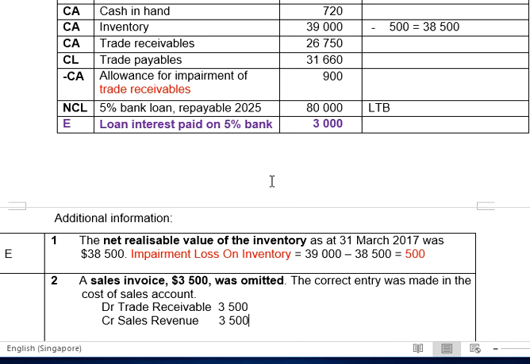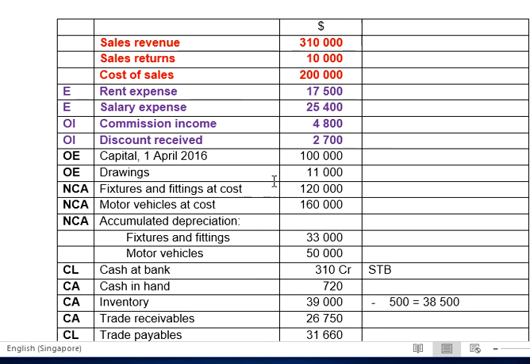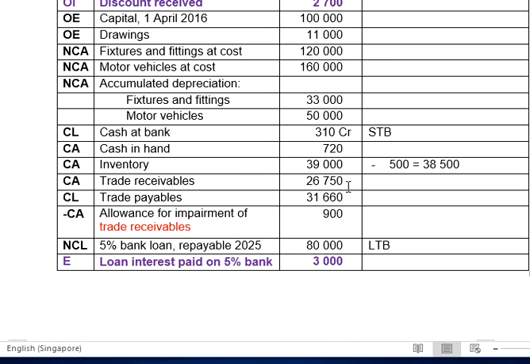So go up to your trial balance, go and increase your sales revenue by $3,500, and go to trade receivable and indicate that another customer owes you $3,500.